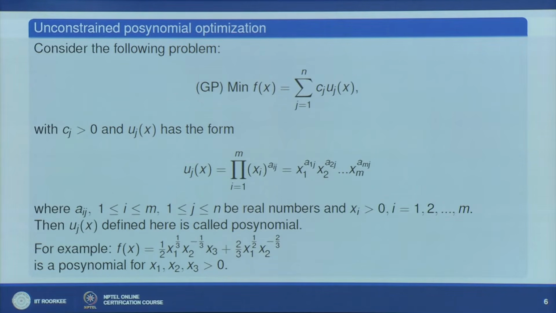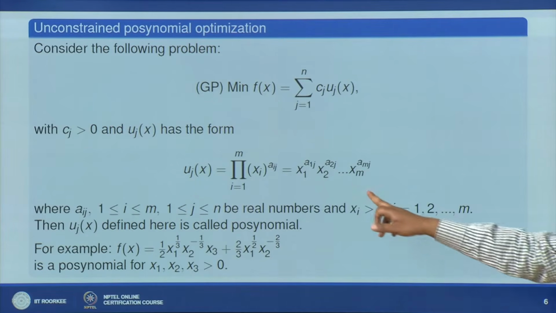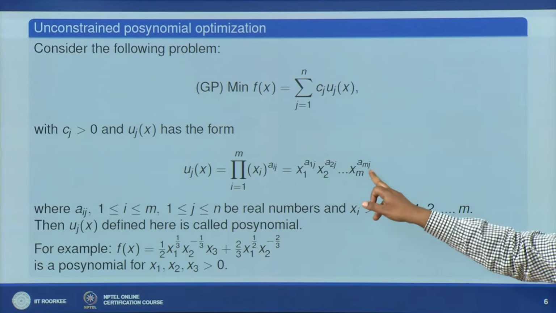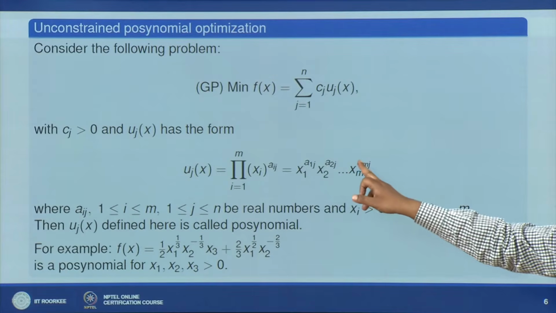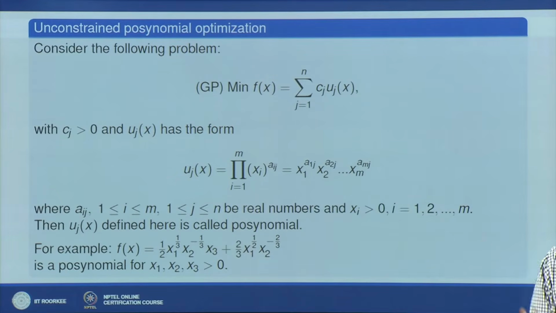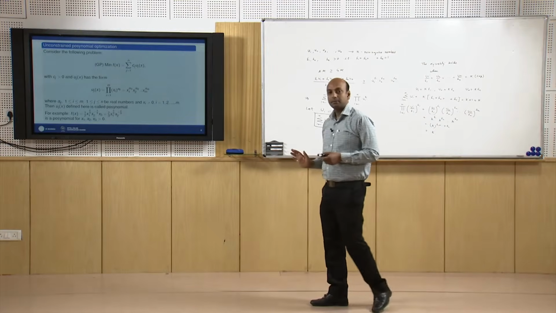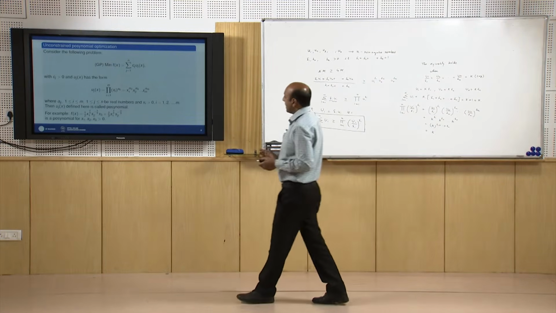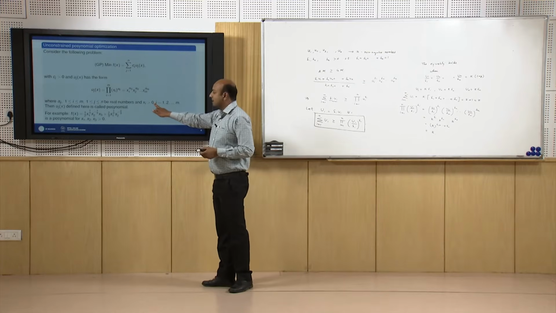So, if you simplify this, then it is x1 raised to power a1j, x2 raised to power a2j and so on, xm raised to power amj. These aij are any real numbers, may be fractions, may be negative. And xi's we are assuming are strictly greater than 0, i from 1 to m.